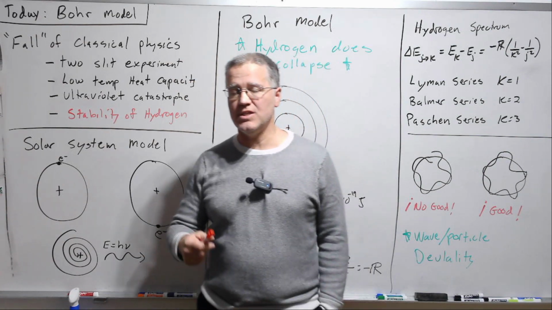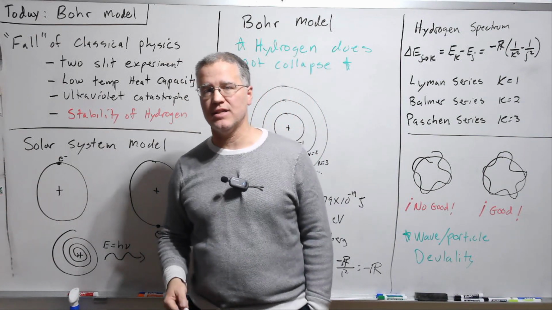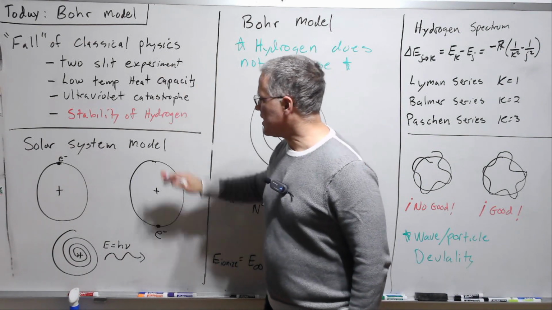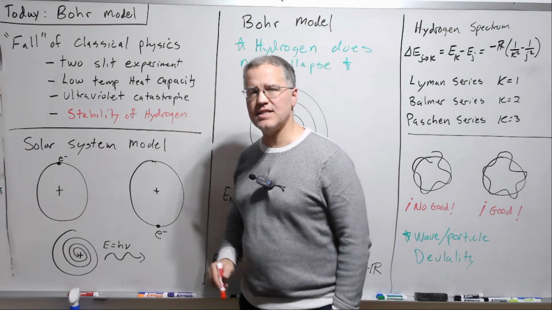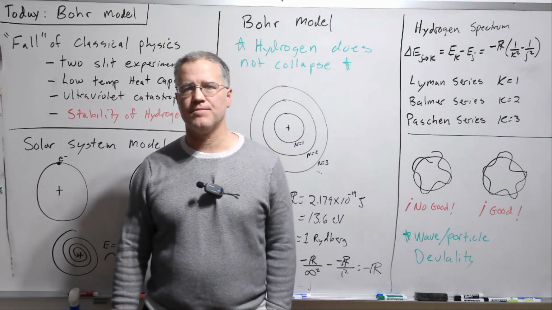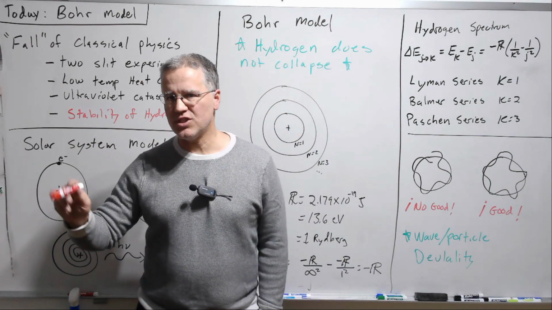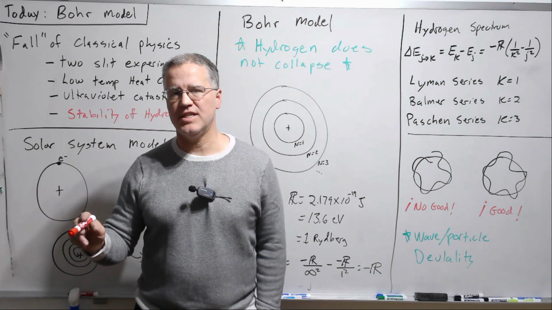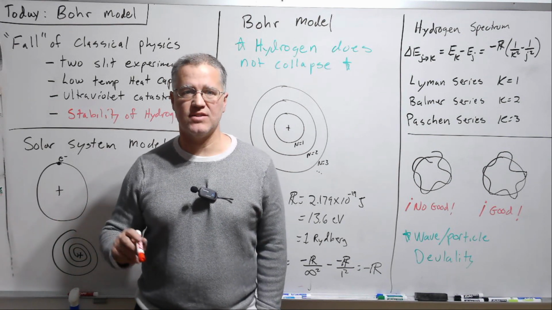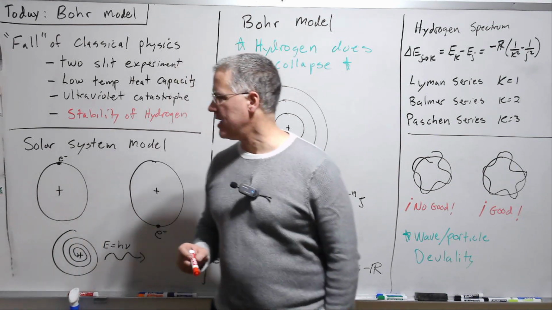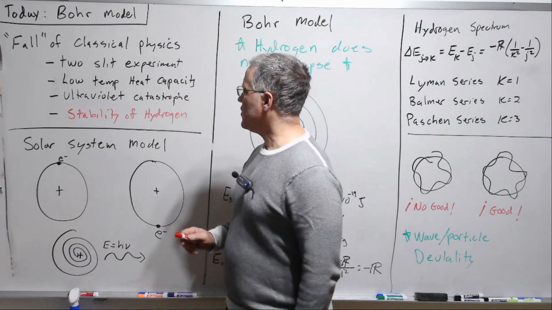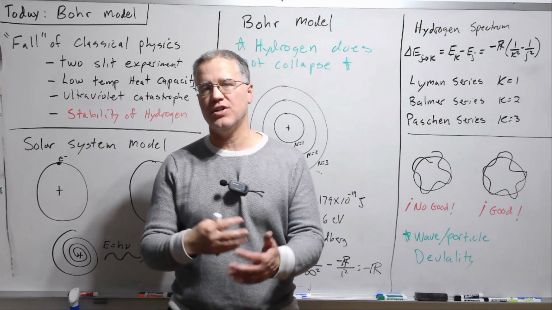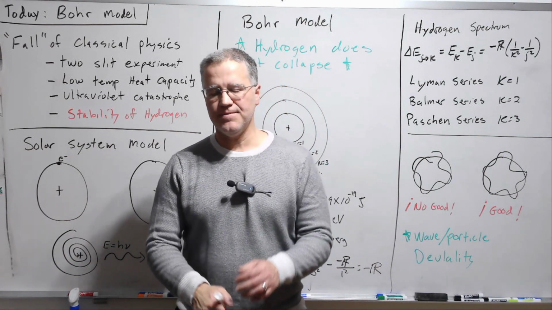We'll get to them in due time as we progress through the curriculum and go on to our more advanced courses. But the key that we'll talk about today is the simple fact that hydrogen is stable. We used the solar system model last time. We didn't talk about this last time, and we'll talk about it today. That system is not stable, and we'll see why in a moment. So these were some of the things that happened at the turn of the last century.